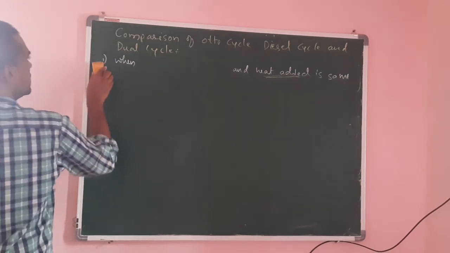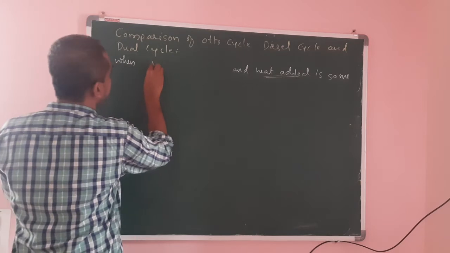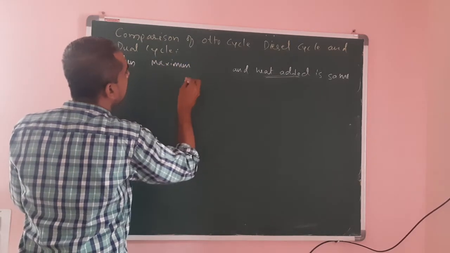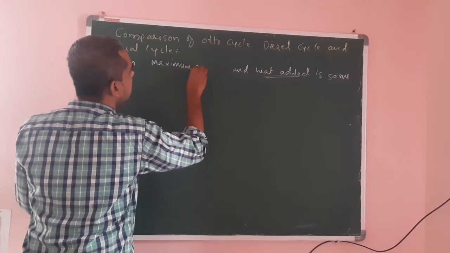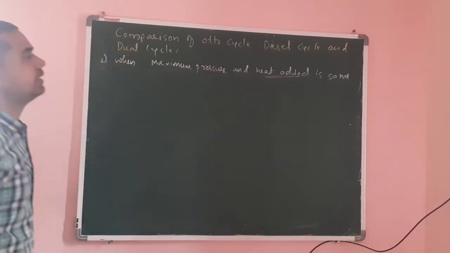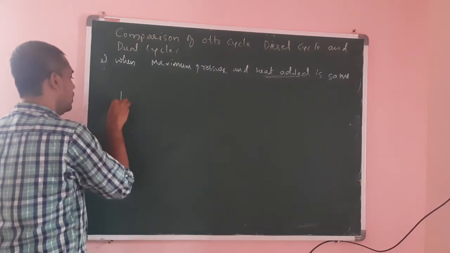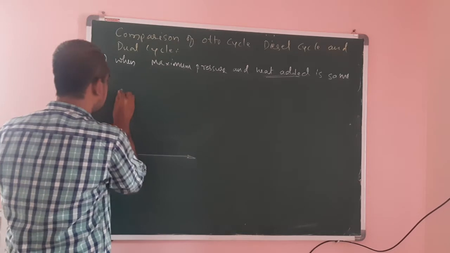For the second case, when maximum pressure and heat input are the same, I will draw the PV diagram. First I will draw the Otto cycle.